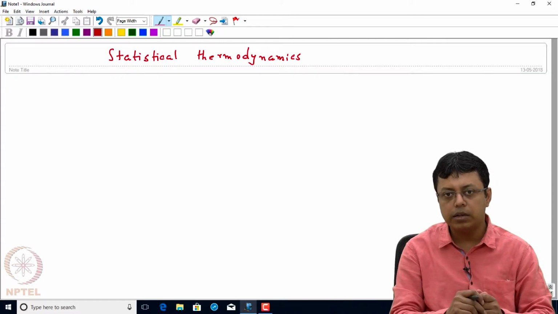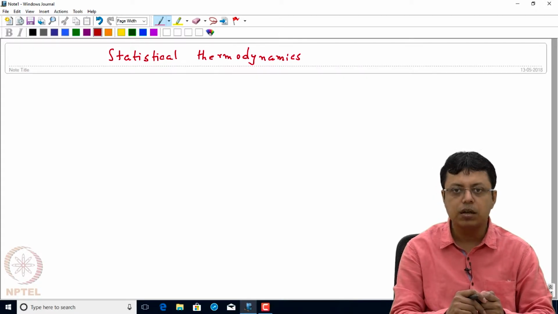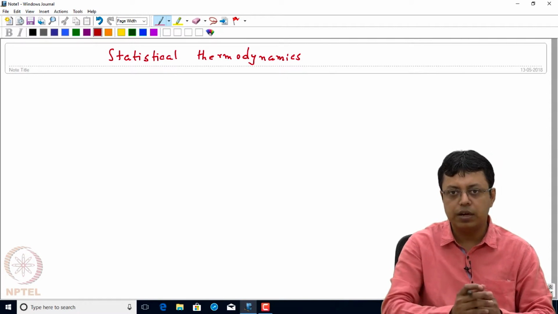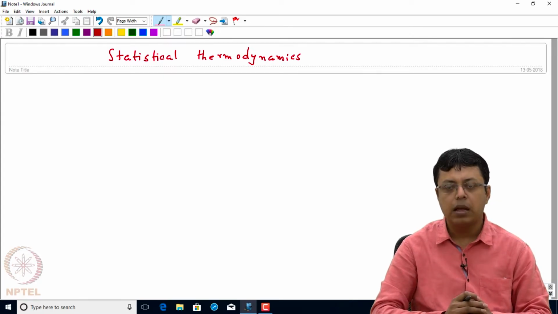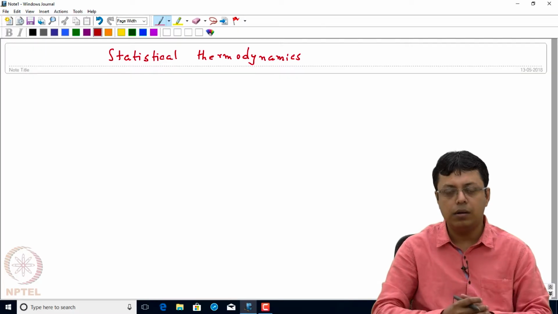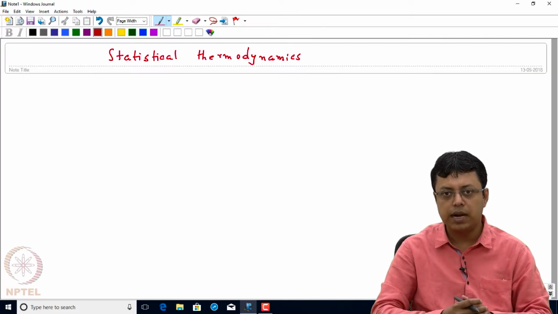So the most important thing we are going to discuss here is how to calculate partition functions, and we'll limit our discussion up to there. Now I'll give you a general introduction, again not going into too much detail, of how you should think about the statistics, or how the Boltzmann statistics was developed.